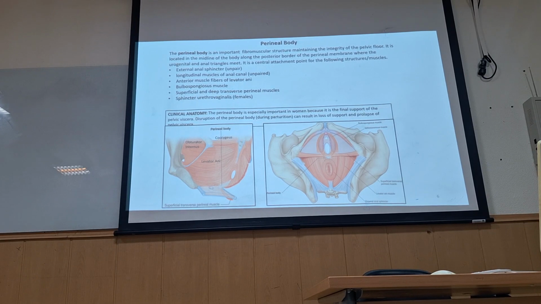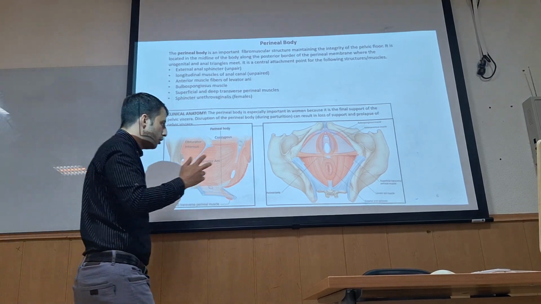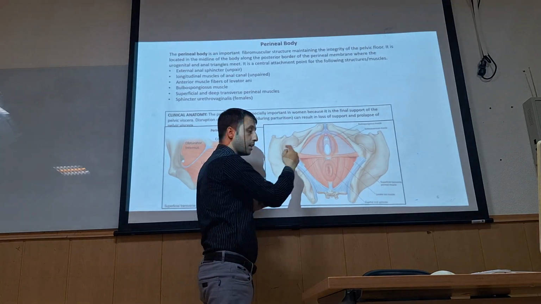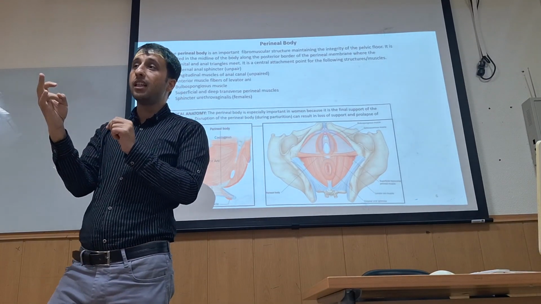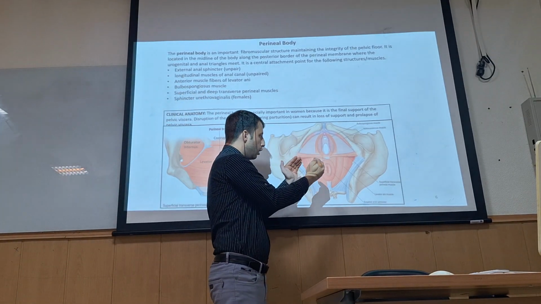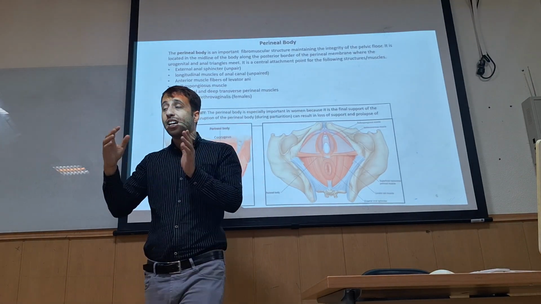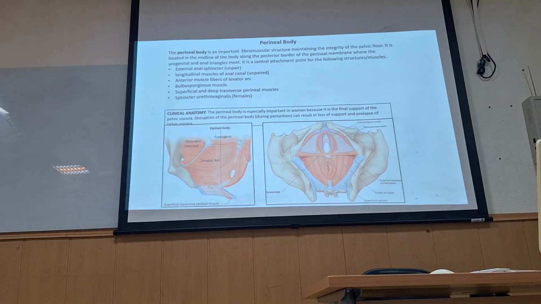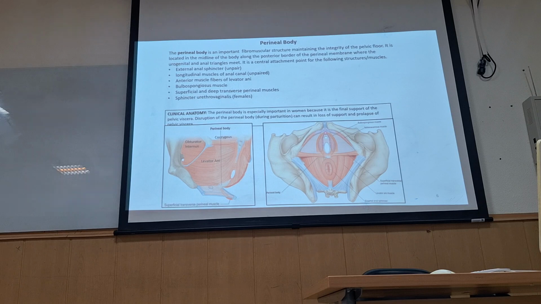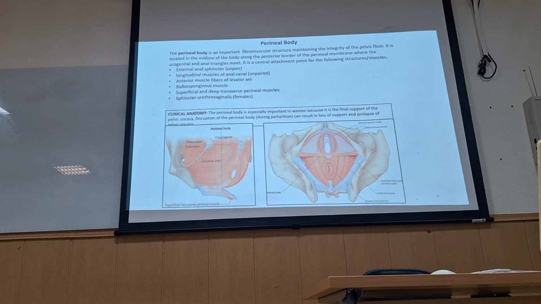Two of them are unpaired muscles. Which muscle? The external anal sphincter. And as you know, medial to the external anal sphincter, we also have another muscle, which is a smooth muscle. The muscles which cover your gastrointestinal system have two types, circular muscle and longitudinal muscle.